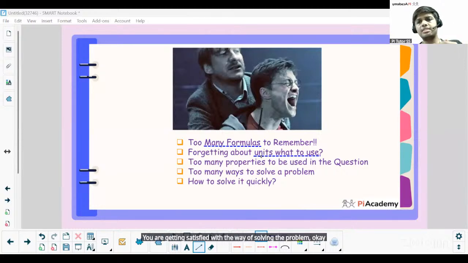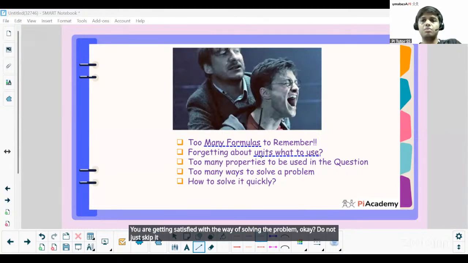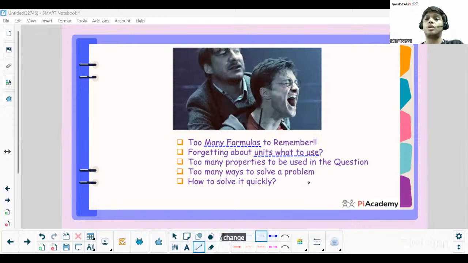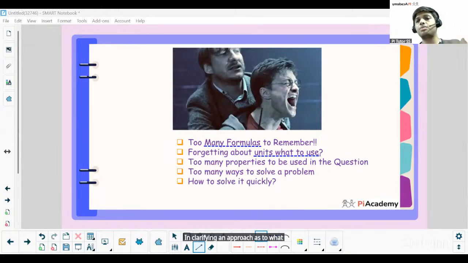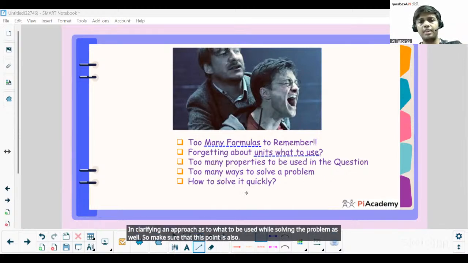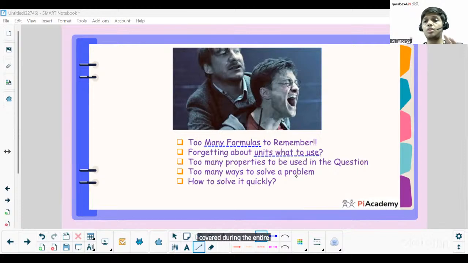Okay, do not just skip it at once and change your entire strategy of solving the problem. Otherwise that will make you confused during the examination as well. That will help you in clarifying an approach as to what to be used while solving the problem as well. So make sure that this point is also covered during the entire workout of any problem.